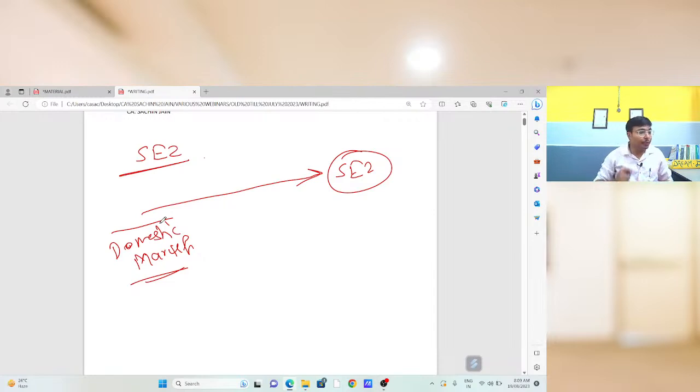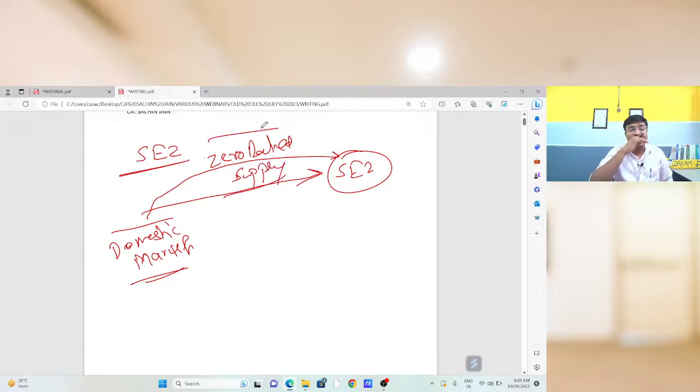If someone is going to make a supply from the domestic market to an SEZ unit, in that case there is a specific provision under GST that whenever there is a supply from the domestic market to an SEZ developer, the same should be treated as zero rated supply, because this area is a special area. So all supply to the special economic zone is to be treated as zero rated supply. That means zero rate of GST should be charged in that case.